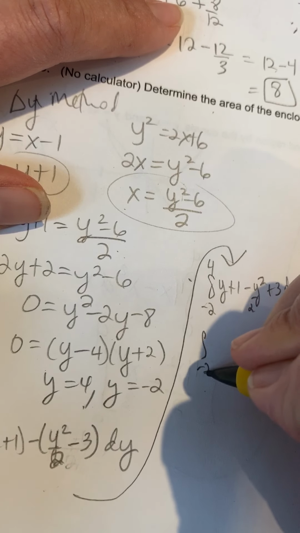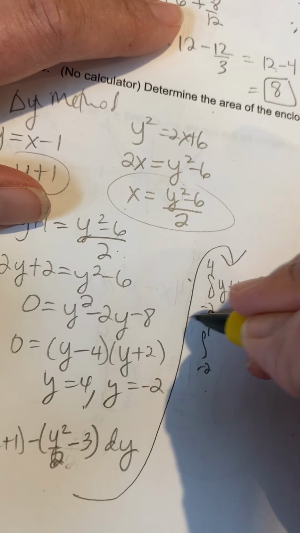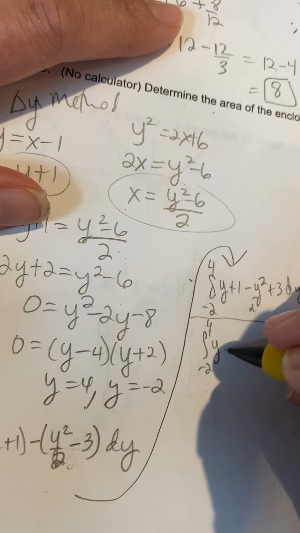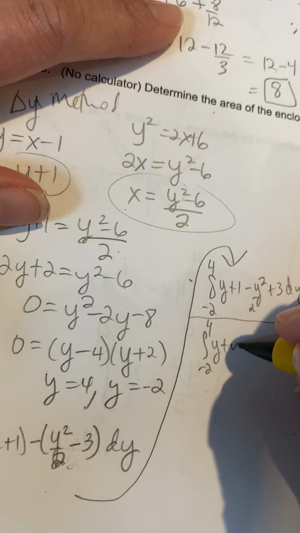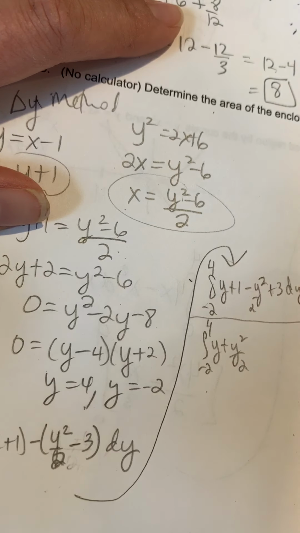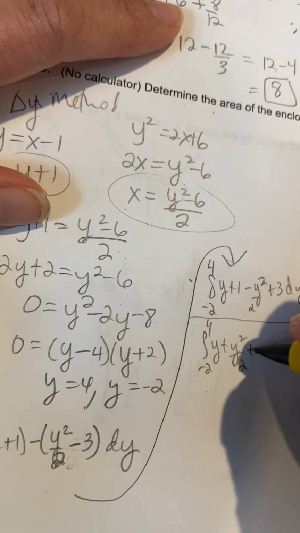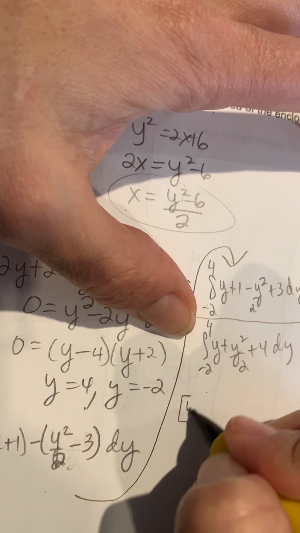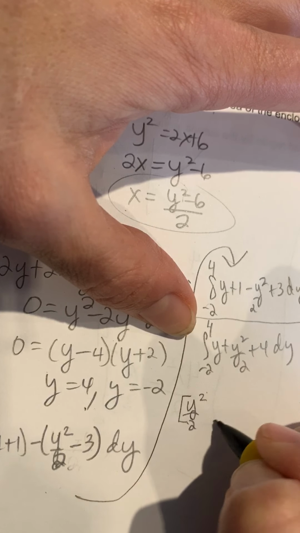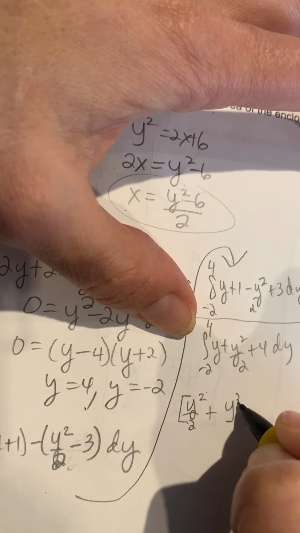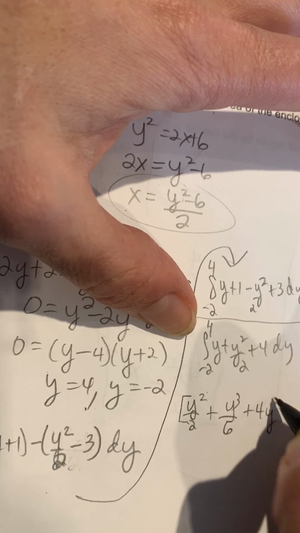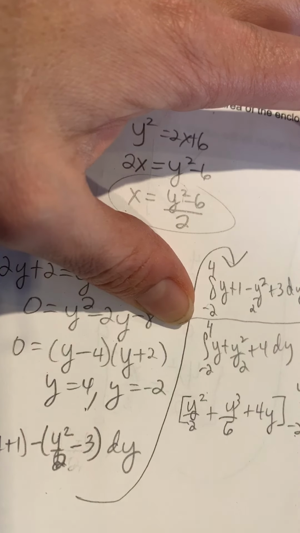So this is the integral from -2 to 4 of y plus y squared over 2 plus 4. When I get my antiderivative, that's y squared over 2 plus y cubed over 6 plus 4y, from -2 to 4.